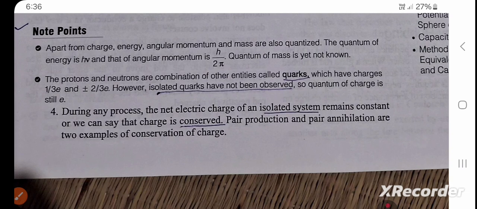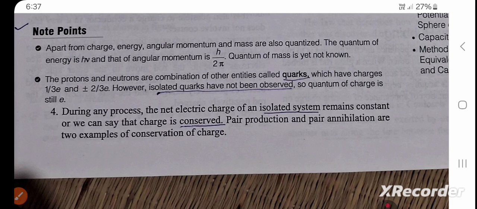The protons and neutrons are a combination of entities called quarks. Protons and neutrons are called subfundamental particles. If we divide protons and neutrons, we will get quarks. We can say that protons and neutrons are combinations of different quarks, which have charges of 1/3 e or 2/3 e.